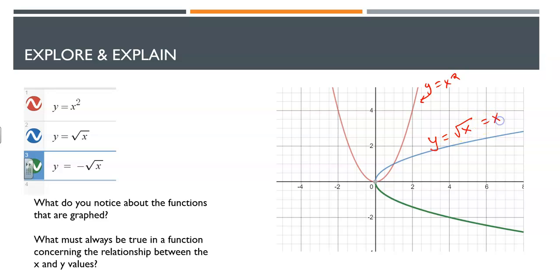Remember, that's the same thing as x to the 1/2. And notice it's all positive. And then when I graphed y equals the negative square root of x, then I've got all these negative values down here.